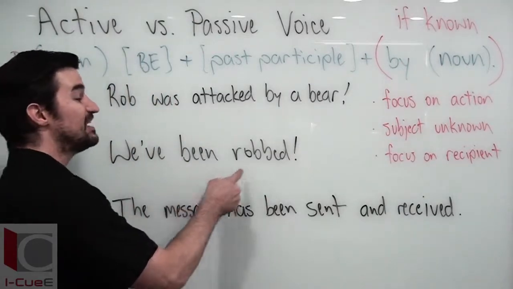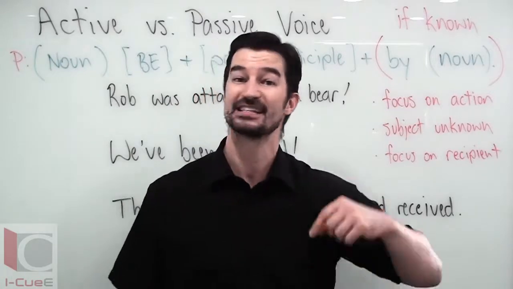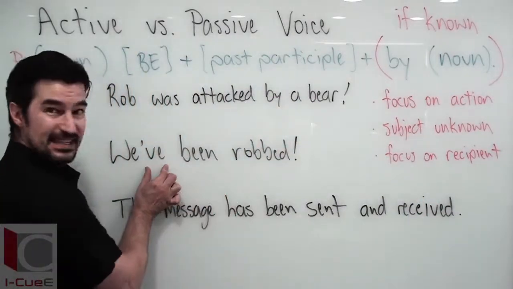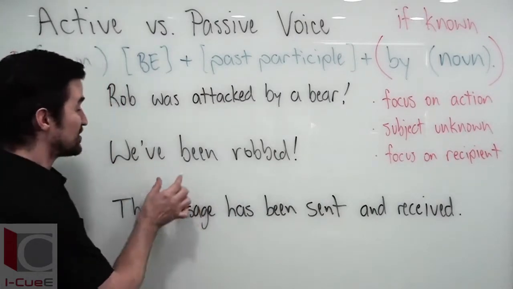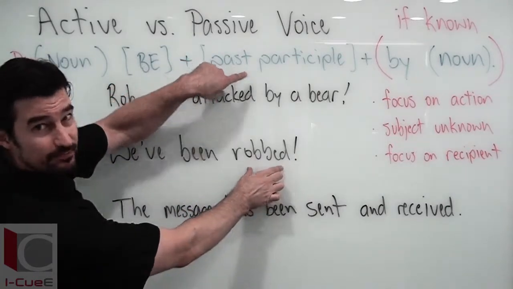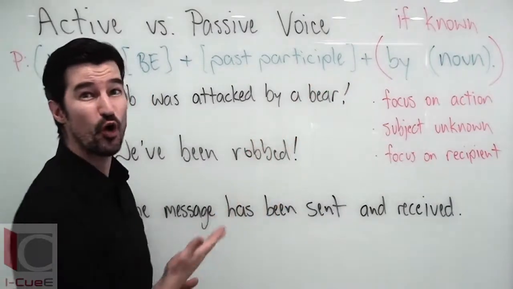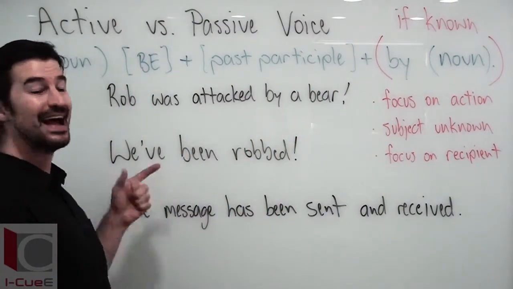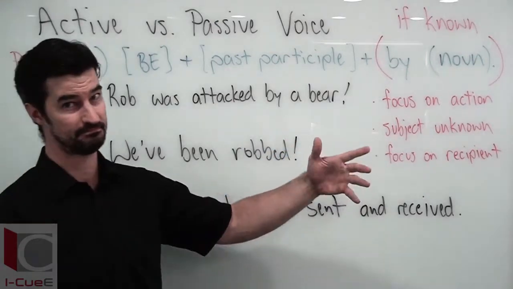We have been robbed. That is the present perfect passive voice construction. This is the contraction of we have. So have been robbed. And if we switch it around, again, we can have that unknown active subject. Someone has robbed us.